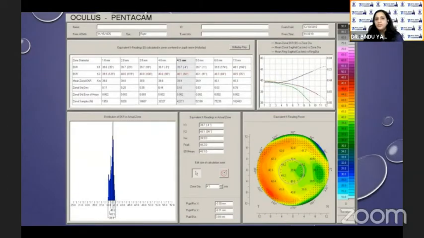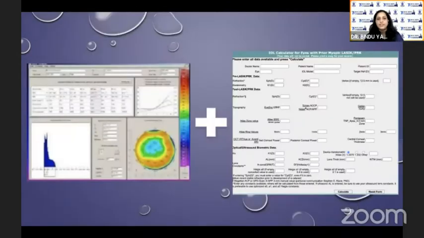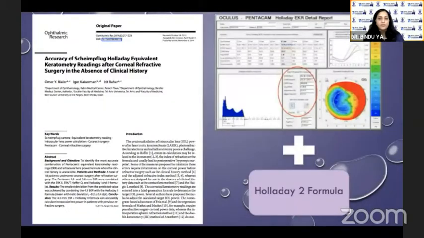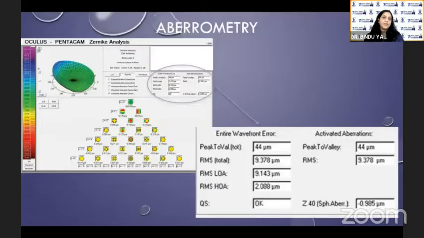So either we can use these zone values directly in the online calculator which is available to us and calculate the IOL powers, or we can also use the EKR 65 values, the K values at the EKR 65%, and they can directly be implemented in the Holladay 2 formula, and it gives equally good results.